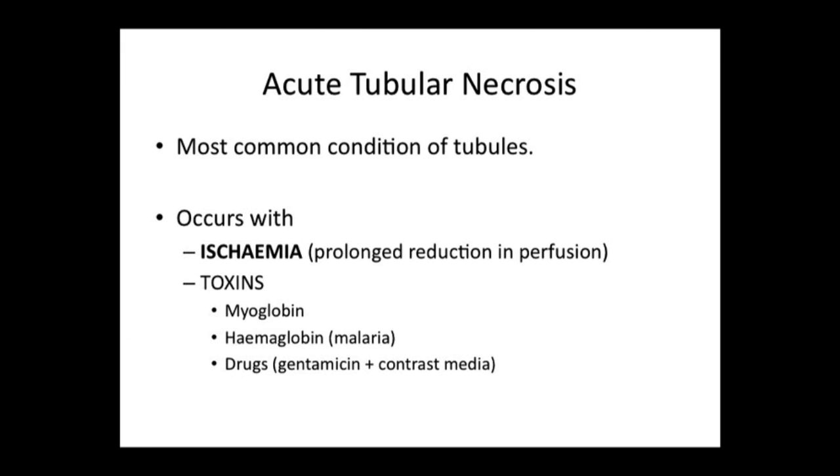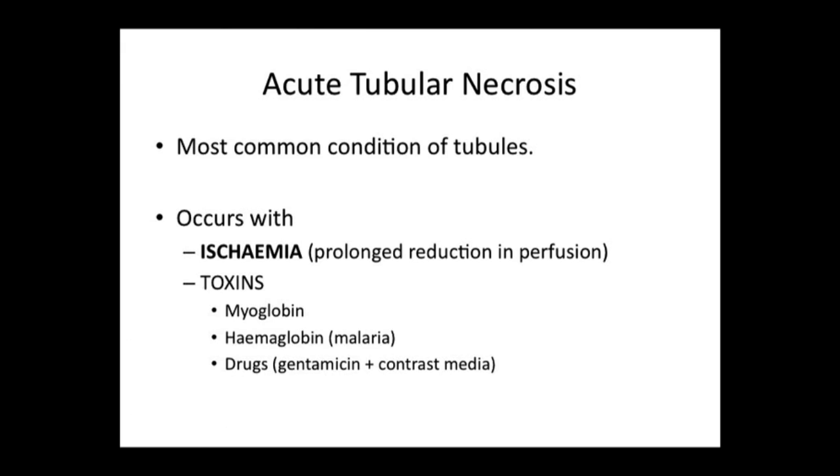There are a couple of toxins just to be aware of as well that also cause problems with the tubules. Particularly these ones are very important to know about, the ones you'll hear about a lot. Gentamicin, which is an aminoglycoside, increasingly in fashion in hospital medicine because it has quite a broad spectrum and wasn't used a lot in the past, so a lot of bugs don't have resistance to it.